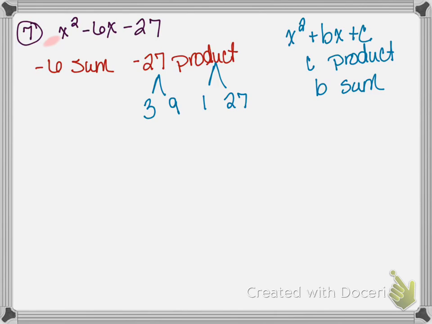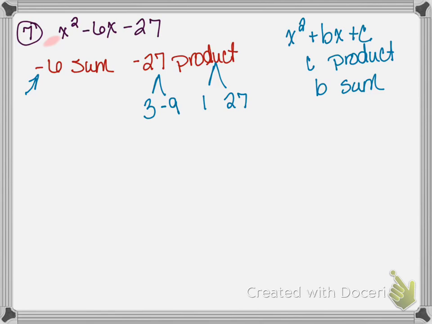Because my product's negative, one number is negative and one number is positive. The larger absolute value, is it positive or negative? Negative, and that is because of this right here. When I have a negative sum and a negative product, my larger absolute value is negative. So for this, that makes my 9 the negative one.